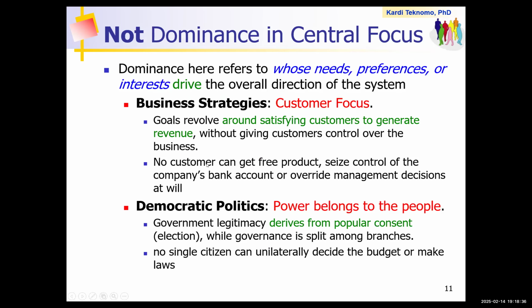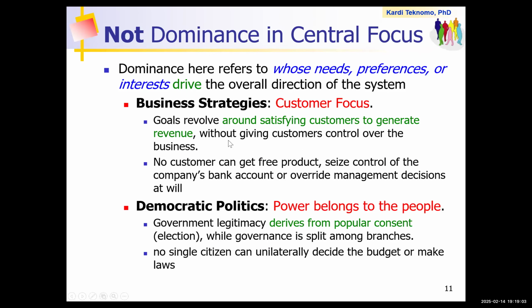But be careful. No single node domination does not mean no dominant central focus. If this is a business, of course the customer must be the focus. If it is governmental bodies, the power must belong to the people. But this can still go hand in hand.